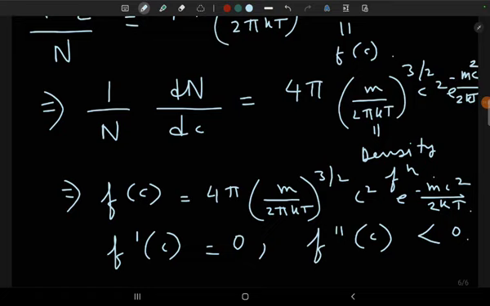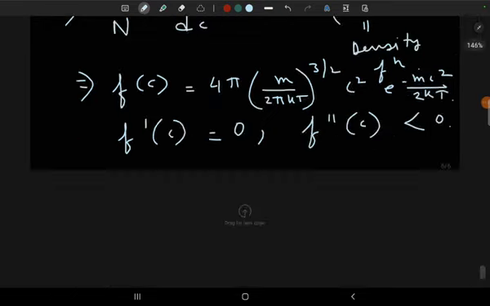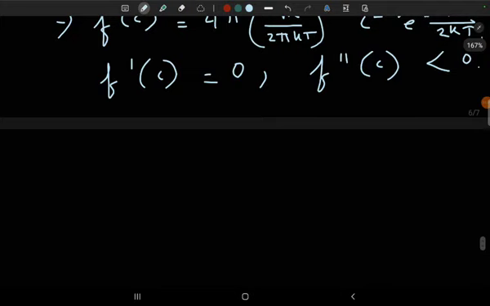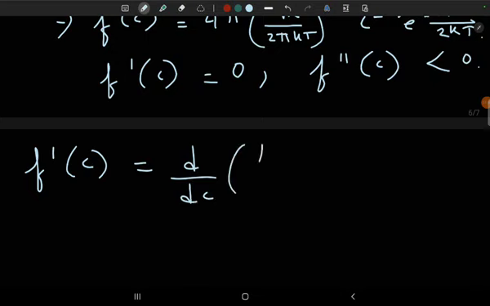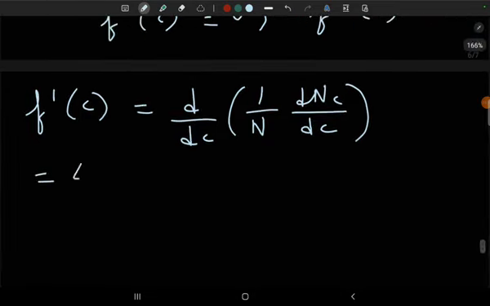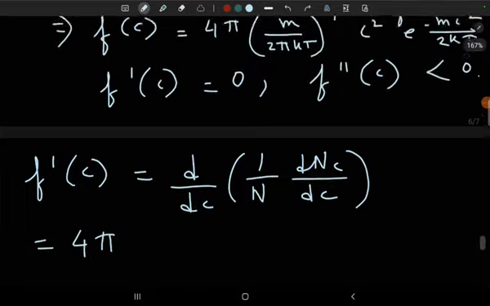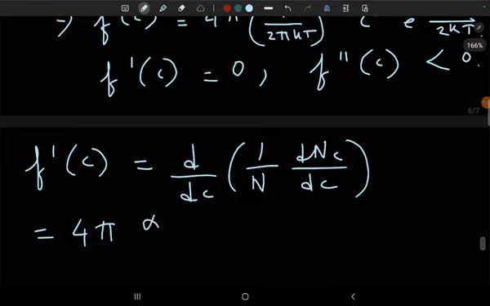We can do that very easily. What should be the first differentiation with respect to c? That should be d by dc on 1 by n dn by dc. Take out the constants and we have, so now we will write alpha for our own convenience.